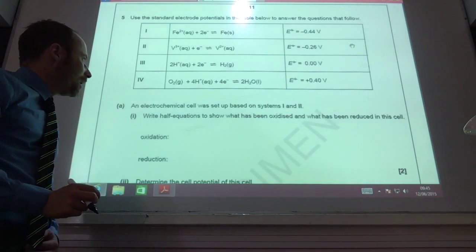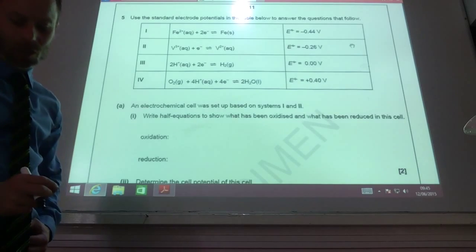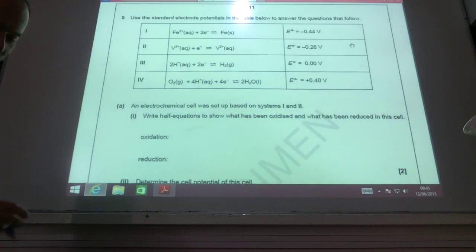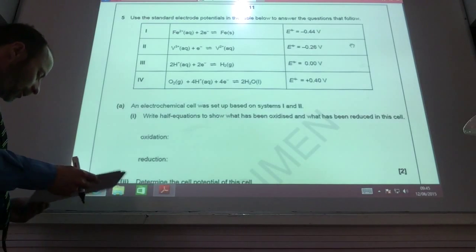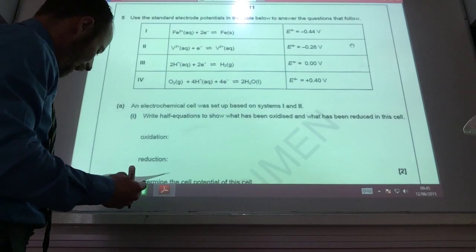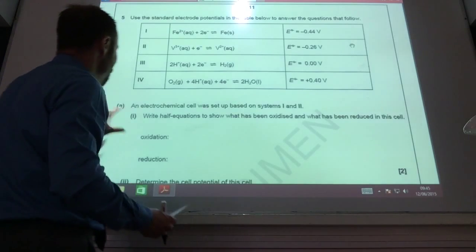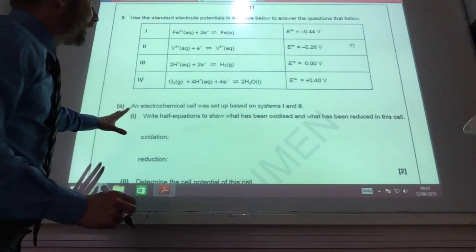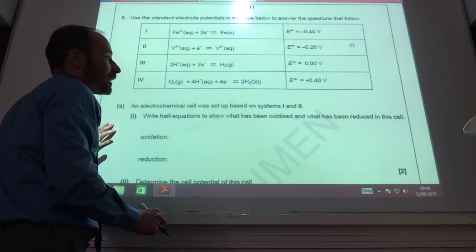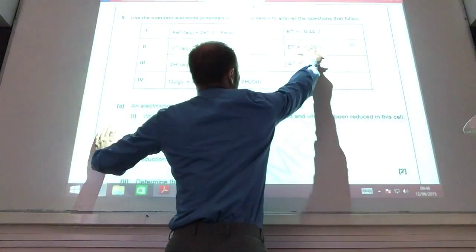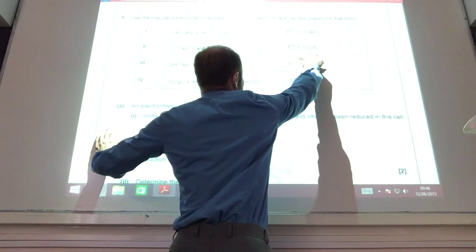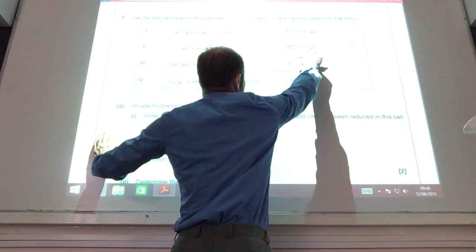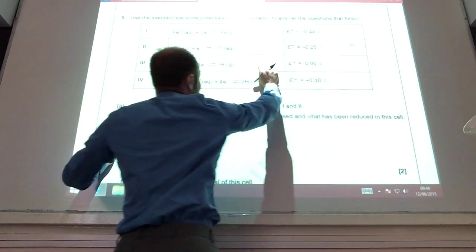Right, so we are carrying on now to question 5, and that is on standard electrode potentials. So the first thing it wants me to do is, for cell systems 1 and 2, write the half equation, so what's been oxidised, what's been reduced. So let's check out the standard electrode potentials. This one is the most positive, it's minus 0.26, where this one is minus 0.44.